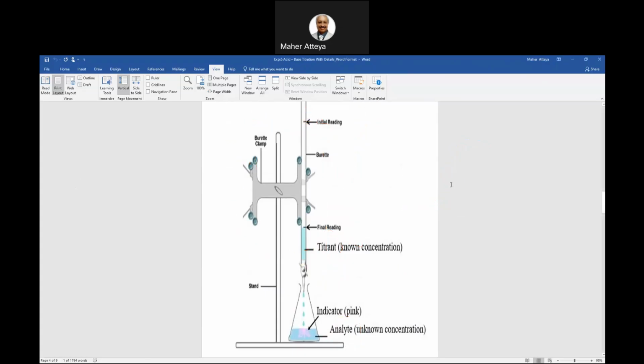Well, we have two. I'll show you then. We have two: endpoint and equivalence point. I can't show you here because the pen is not working. Trying to get the pen working for me.